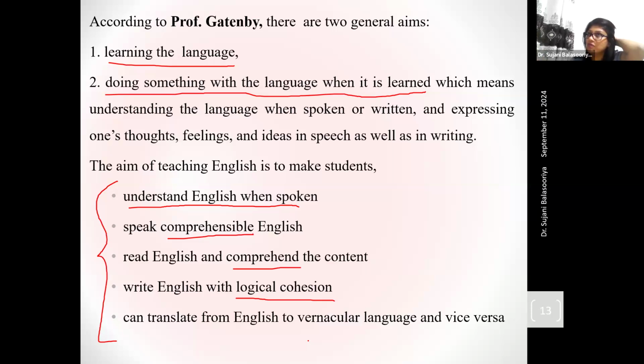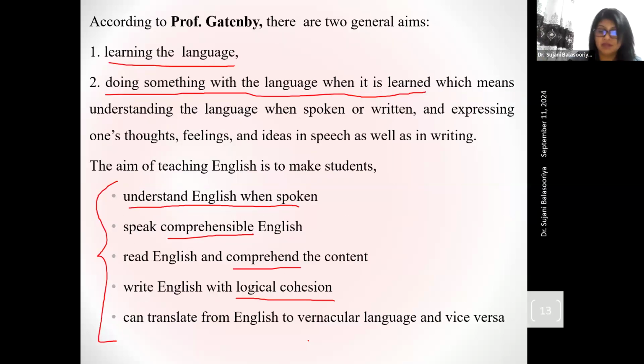Or sometimes if you think about other countries like the UK, there are several parts, provinces, and there may be different dialectal variations of the same English language. Then you should be able to translate from English to your variety, and from your variety of language to English, vice versa. That is also a skill.